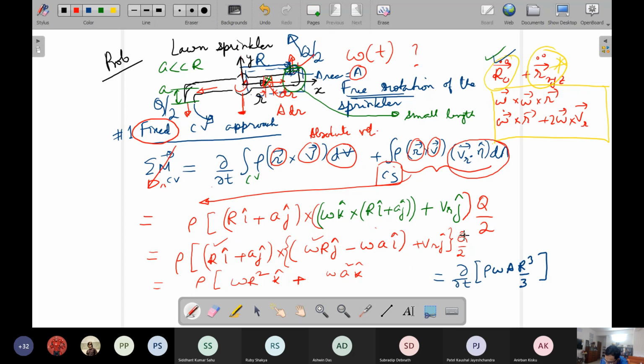And the relative velocity term, only this i cross j will be there, plus V r k, that into Q by 2. Okay.